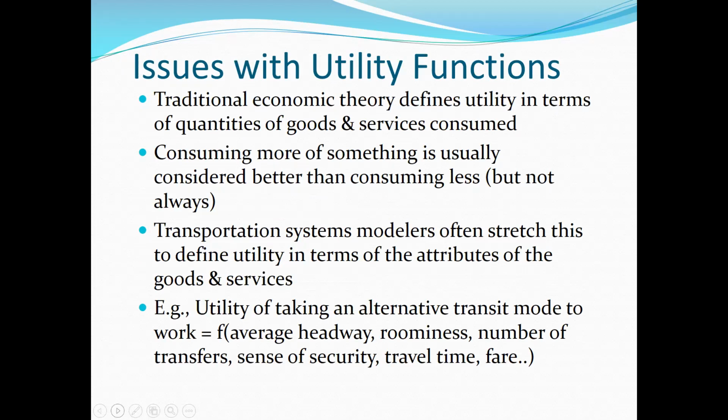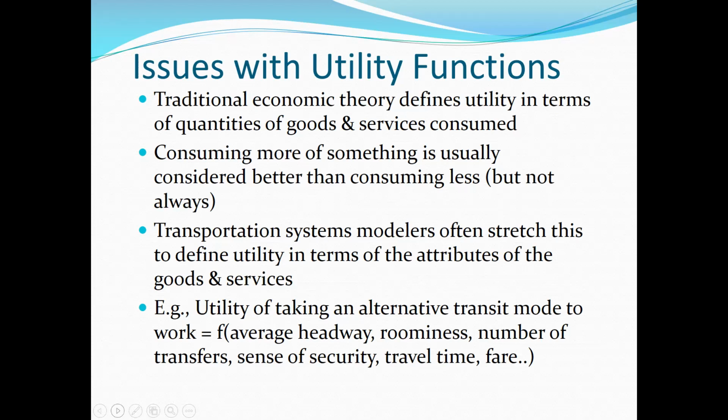Transportation systems modelers often stretch this to define the utility in terms of attributes of the goods and services. For example, when we talk about transit, and you've seen this function in CE321, the utility of taking an alternative transit mode to work will be a function of average headway, how frequent the bus is, whether the bus is too crowded, how many transfers you need to make, whether you feel safe in the bus, travel time, fare, all these other things.